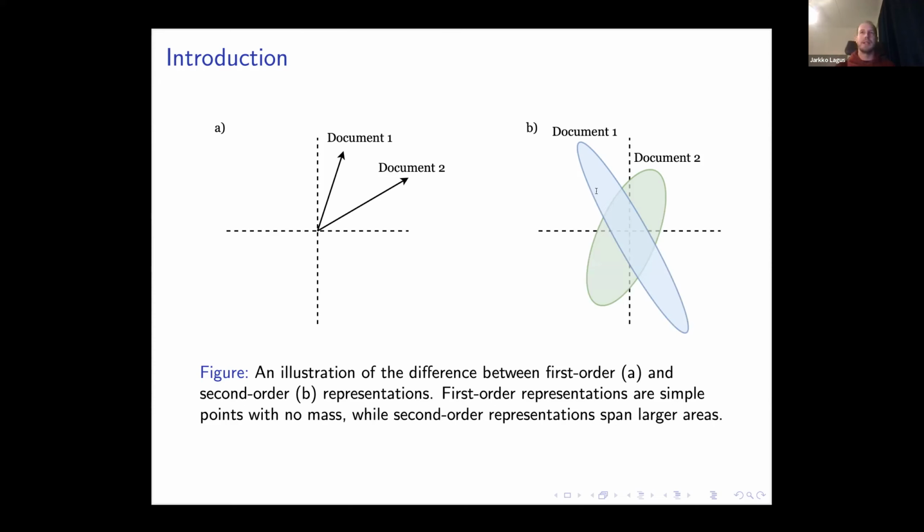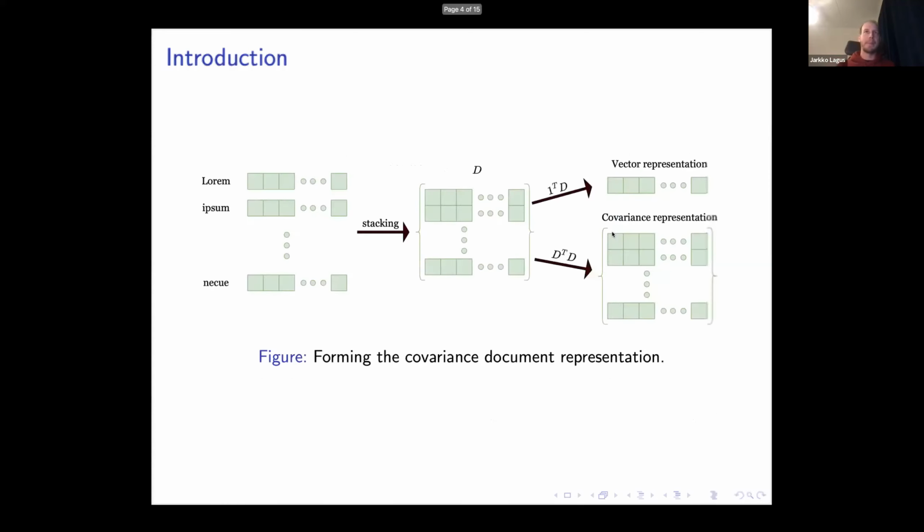When we extend to the second order, so-called matrix representations, we have much more mass, and the comparisons are a bit more robust in the sense that we also cover directions where the variance exists. So the representation covers an area instead of just points.